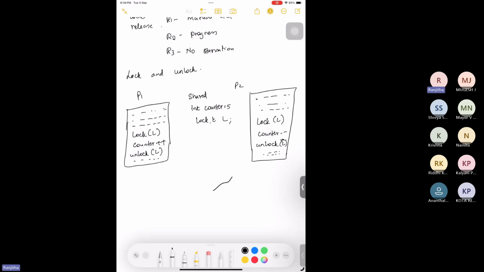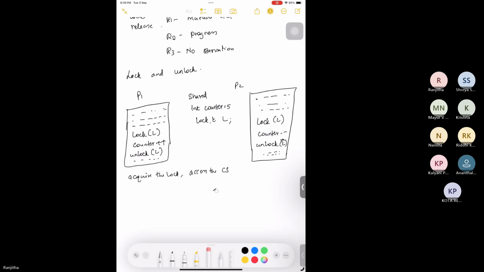What we mean by this is that only if one can get the lock, one should be able to go ahead and update the counter value. So only if a process can acquire the lock, then it can access the critical section.